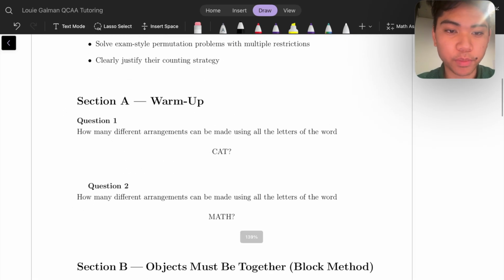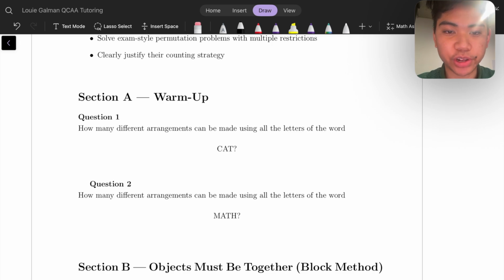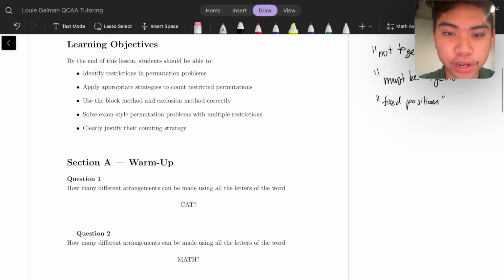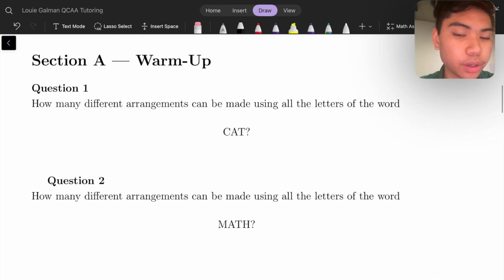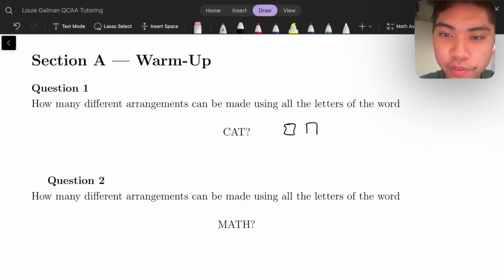So let's do a warm-up. How many different arrangements can be made using all of the letters of the word cat? Remember from our previous lesson, we have the box method that we can use. There's 3 letters and we have to use all the letters, and there's 3 different letters.